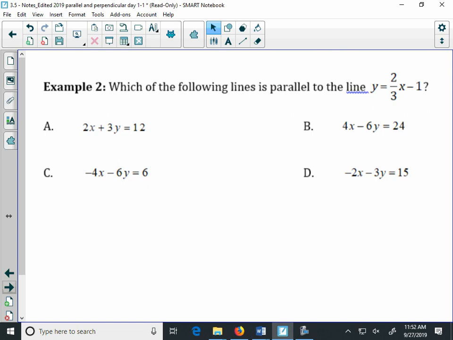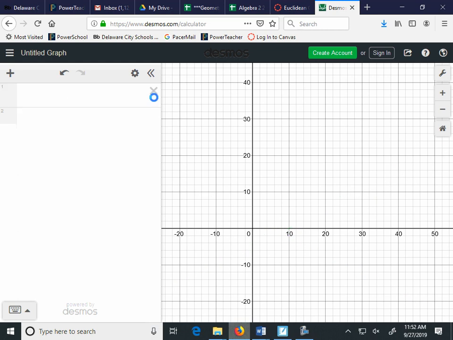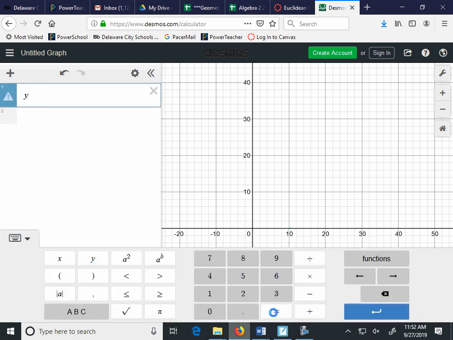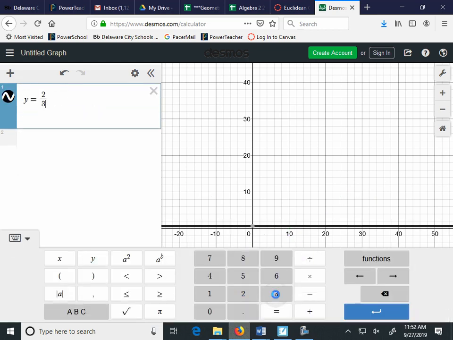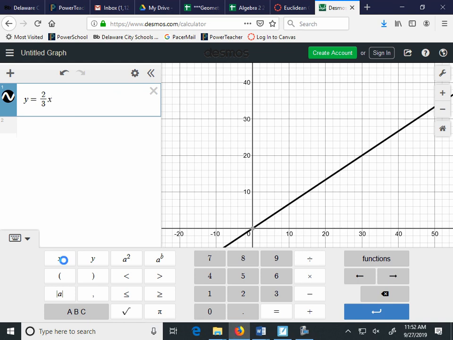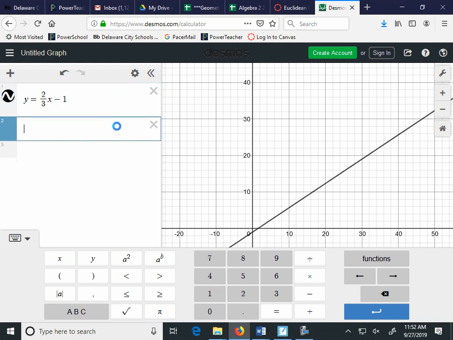No. What can you just do? Plug it into Desmos. Okay, so plug the original equation in, y equals 2/3 x minus 1. And then just plug each option in and see which one ends up being parallel.